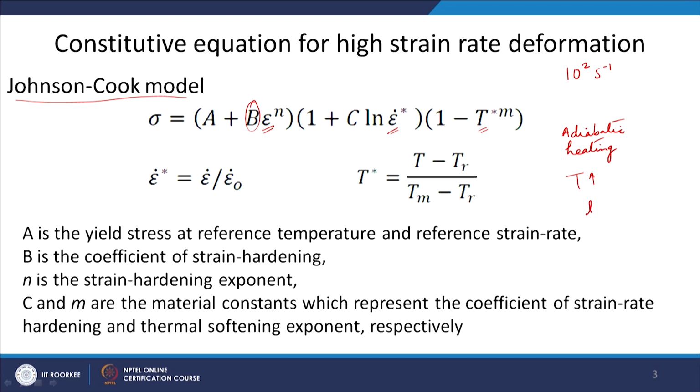So, basically if you plot log sigma versus 1 by T, okay, then you will be able to know what is the dependence of stress on the temperature. So, any rise in the temperature you will be able to compensate by changing the stress. Okay. So, basically you have to bring down the temperature from whatever you have measured for 950. So, you have to bring down that stress for 900.